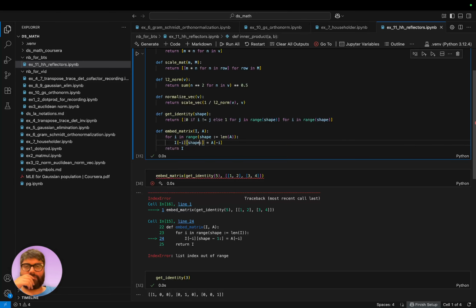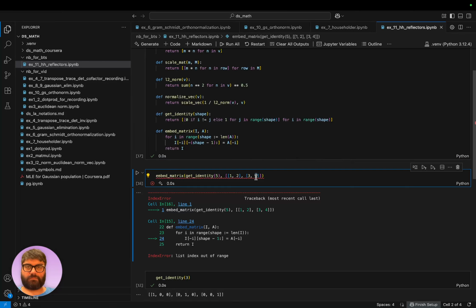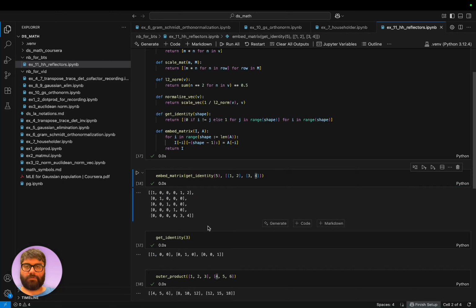Shape sounds about right. Or should we do negative shape? -1 to get the indices right. Nope, that did not work out either.